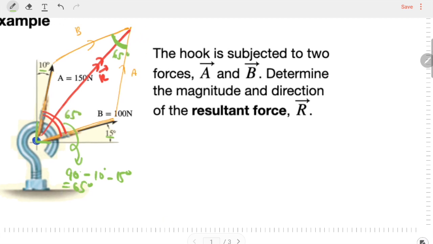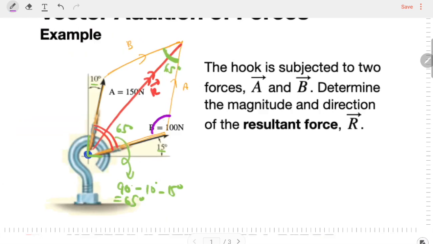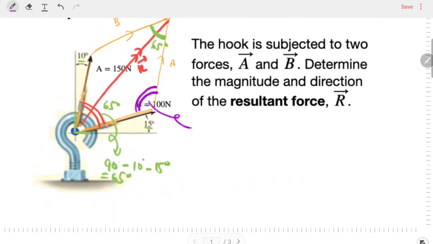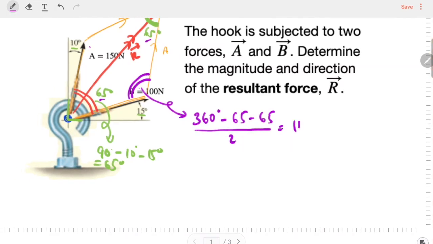Okay, now can we calculate the angle over here? Yes, of course. We know the angles of the internal shape will always add up to 360 degrees. So we can calculate the angle at 360 degrees minus 65, and then there's another 65 degree over here, and then we know the angles at the opposite sides are the same to one another because this is a parallelogram. So we just divide it by 2, and you will get the angle over here to be 115 degrees.